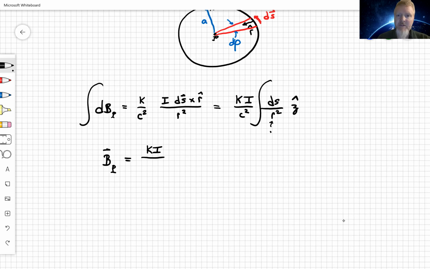This thing here is just a squared, so that comes out. k i over a c squared z hat. That doesn't have anything to do with the integral, so just bring the direction out. You're integrating ds, but the integral of ds is just the circumference. So that's just 2 pi times a.